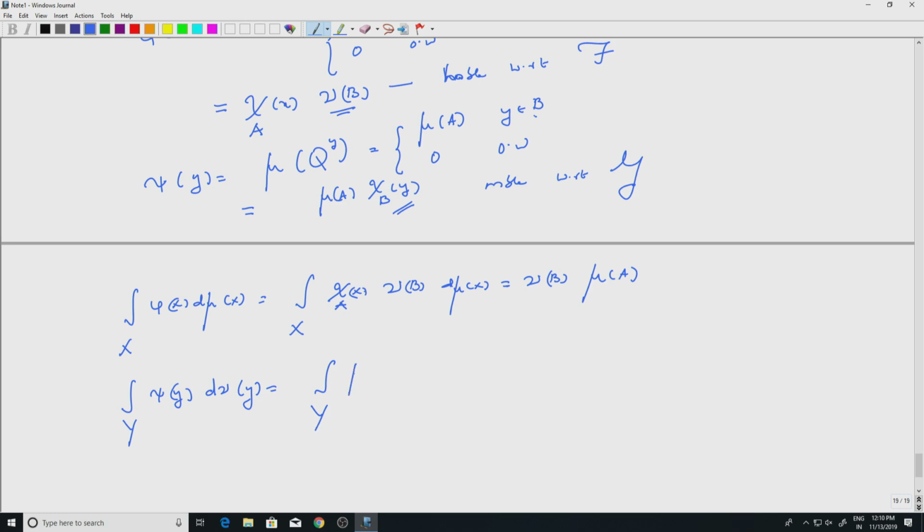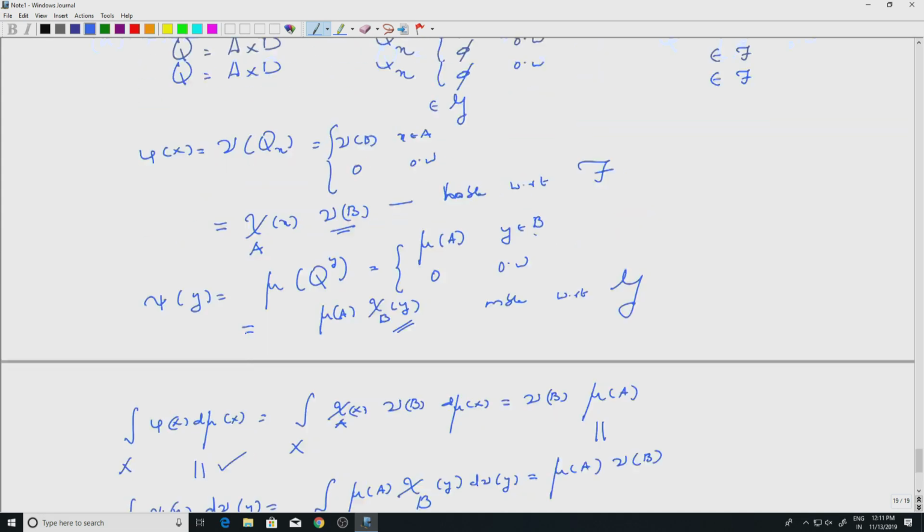This is mu of A, which is a constant, times the indicator, characteristic function of B. This is equal to mu of A, a constant that comes out, and then you are integrating the characteristic function of B. So you will get the measure of B, but these two are the same. So these two integrals are the same, and that is all we needed to prove.